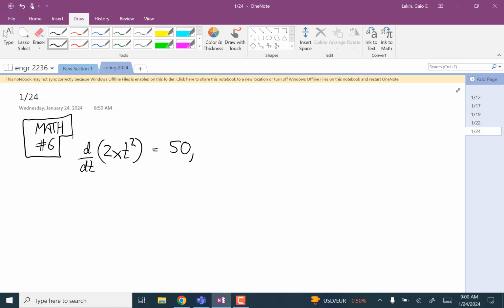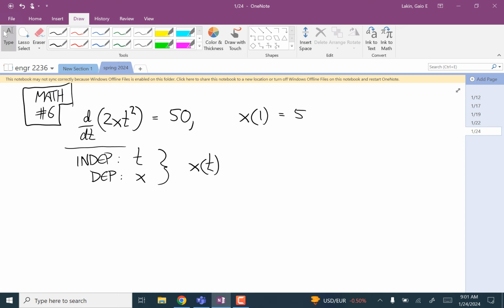And the boundary condition that we're given is that x of 1 is equal to 5. The independent variable is t, the dependent variable is x, and so we're trying to find x as a function of time.